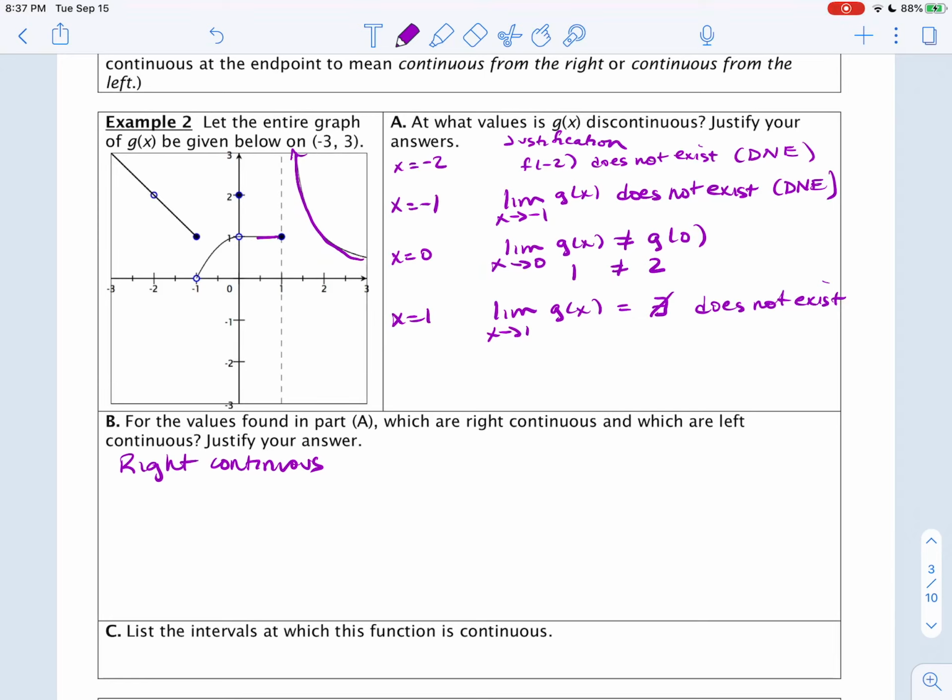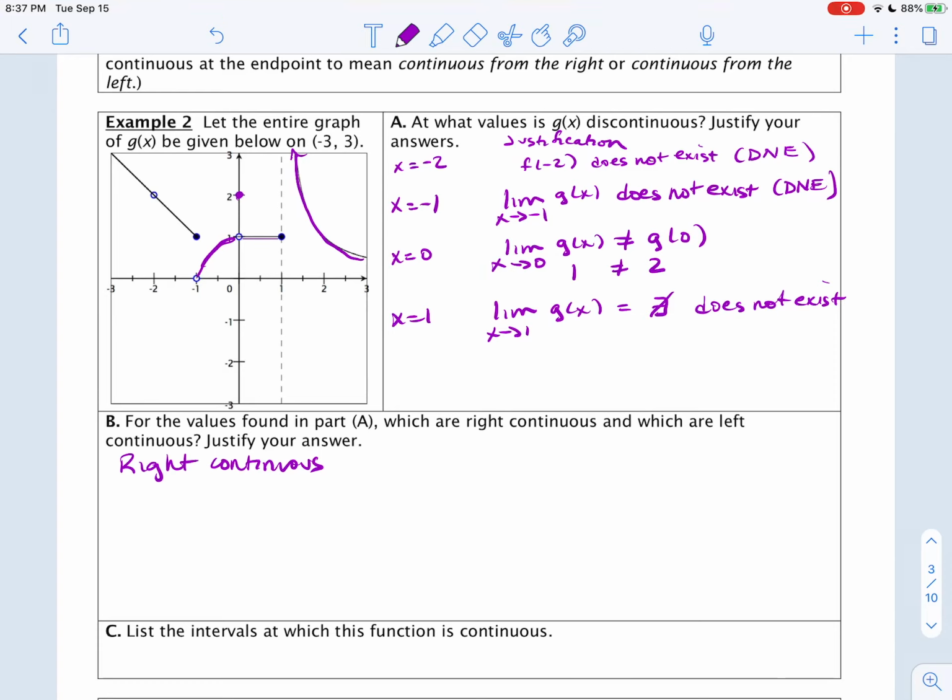From the right, if I go to 0, the limit is 1, but the function output is 2, so it's not continuous at x equal to 0. Going to -1, I was going to say it's continuous where we do have function outputs.